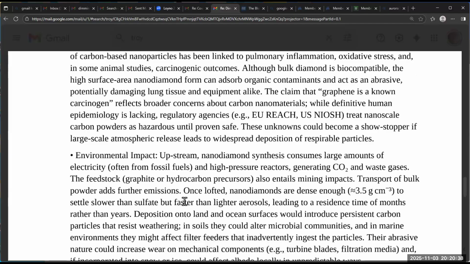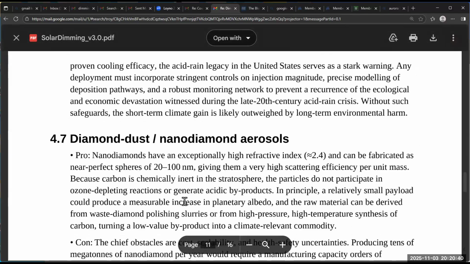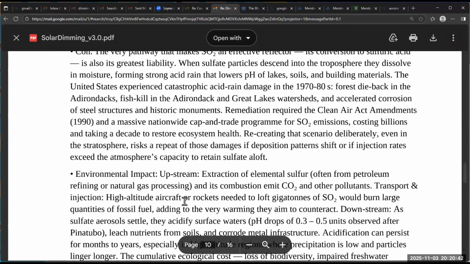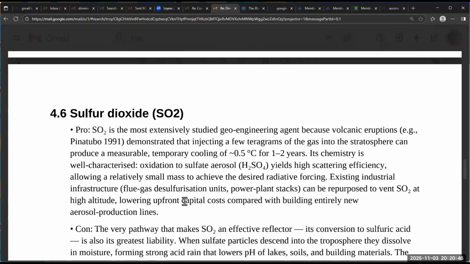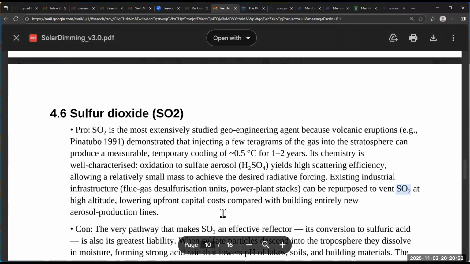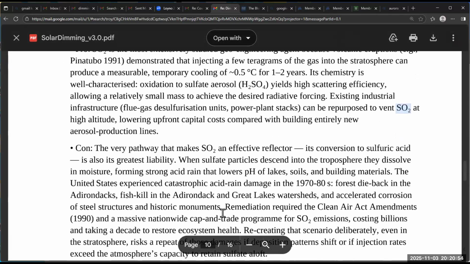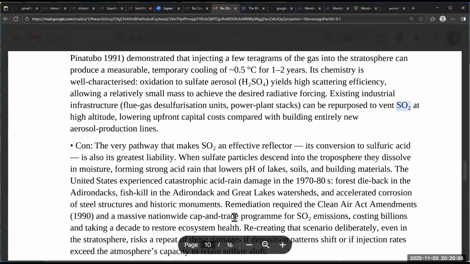Sulfur dioxide's worst downside is that it will almost immediately form a strong acid and cause all kinds of problems. And I'll remind you, those of us in the USA, we know about acid rain from the 70s and 80s, which was a horrifically bad thing. And we had to work very hard to get rid of it.